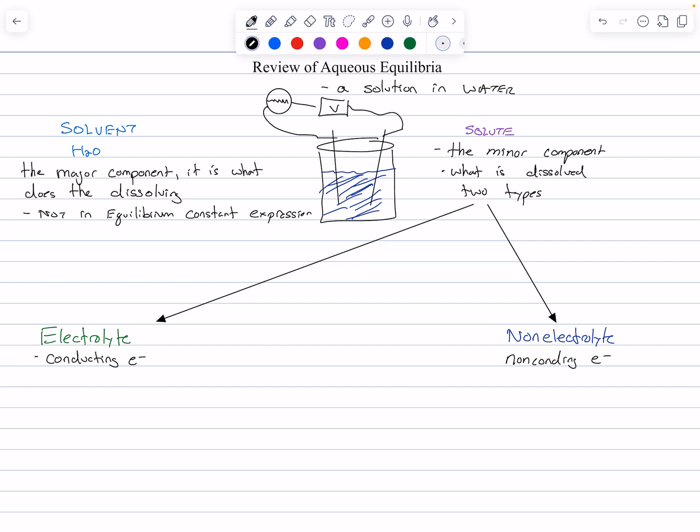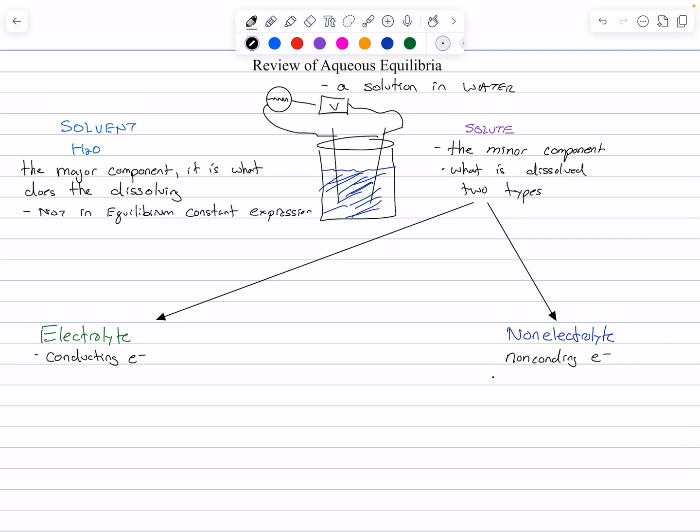Because they're non-conducting, we know that there is no ionization or dissociation of the particles. So what are these? These are solids, liquids, gases, molecules.